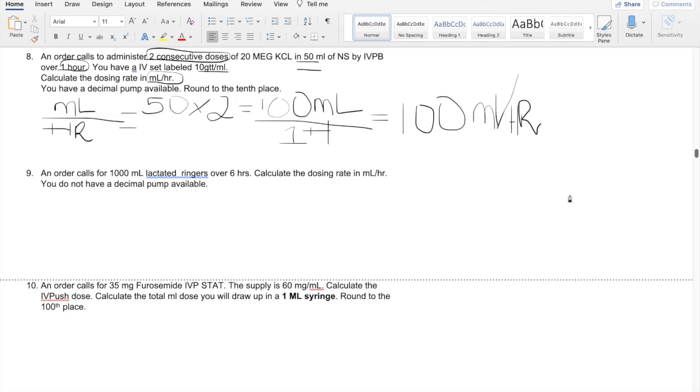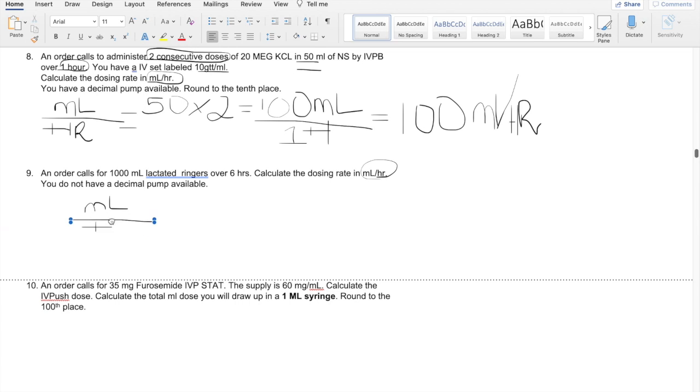All right, guys, so number 9 says an order calls for 1,000 milliliters lactated ringers over 6 hours. Calculate the milliliters per hour, and you do not have a decimal pump. All right, so what we're going to do again, reference milliliters over hour. And how do you figure out milliliters over hour?